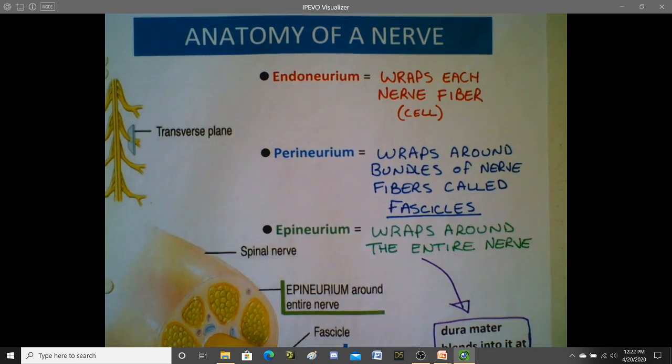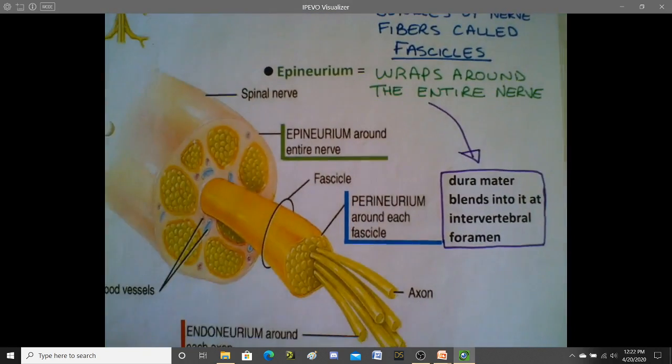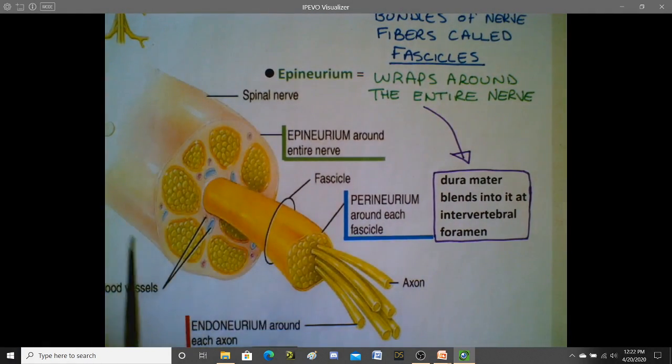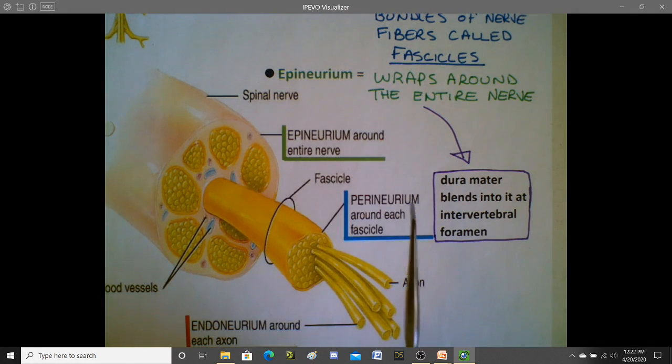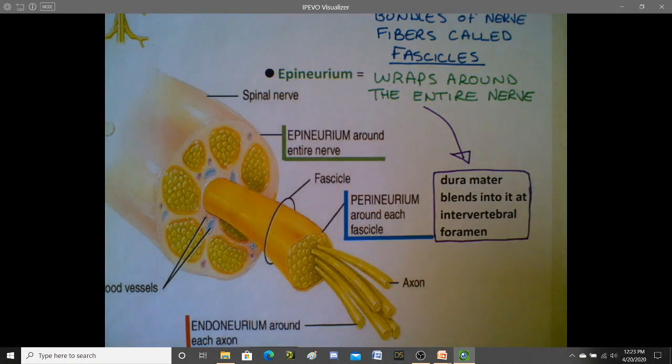Now, what's really cool about this is that epineurium that's wrapping around the entire spinal nerve, when the spinal nerve meets the spinal cord, that epineurium blends in to the dura mater. So actually, when we think of the spinal cord branching, the spinal cord's dura mater, that outer membrane of the meninges, is going to blend in and become the spinal nerve's epineurium.